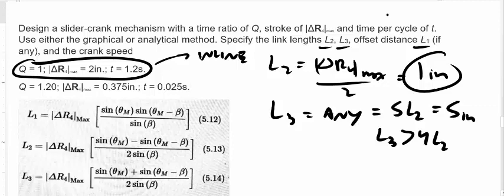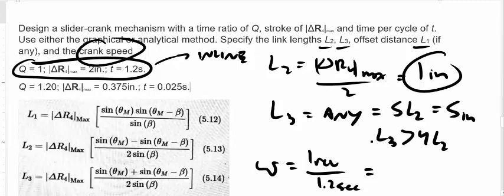All right, and it also asks for the crank speed. So omega is equal to 1 revolution divided by the time it's taking to complete this, which is 1.2 seconds.